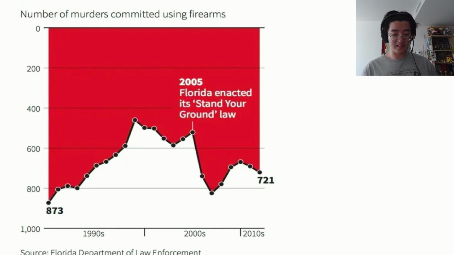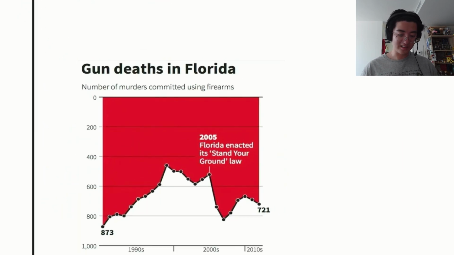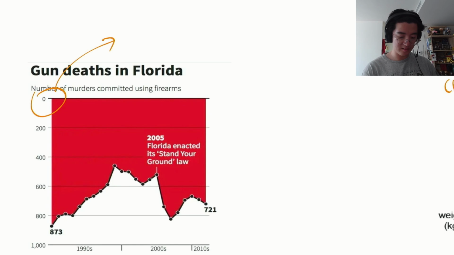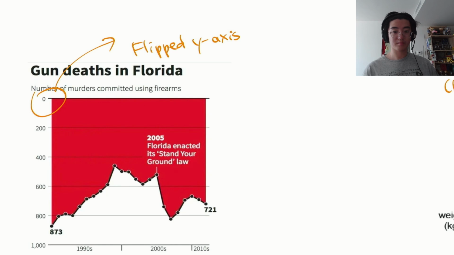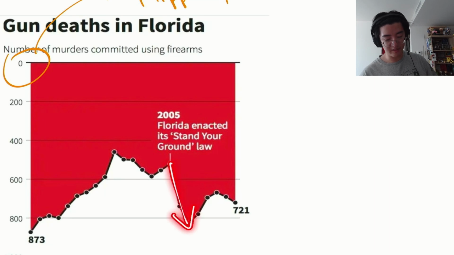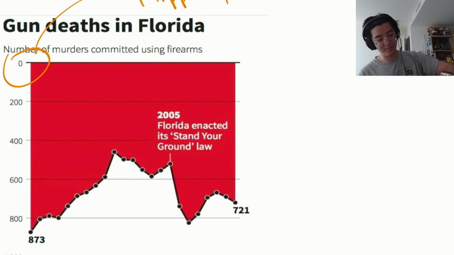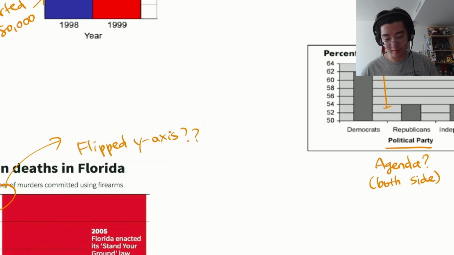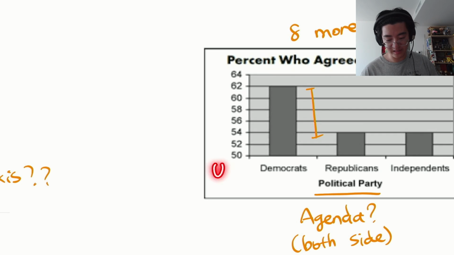But if we look closer, the y-axis is flipped. Normally, when we see a decrease like this, that means the number is going down, because normally our graph starts at 0 and then we go all the way up.